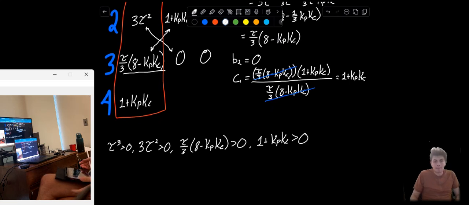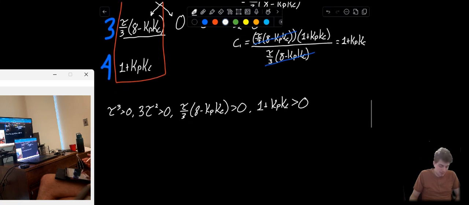Now, tau, we know, is going to be a positive number, so these criteria are both met right off the bat here. The last two, though, do give us some constraints. Again, we know Kp is going to be a positive number, so let's focus on that last term first.